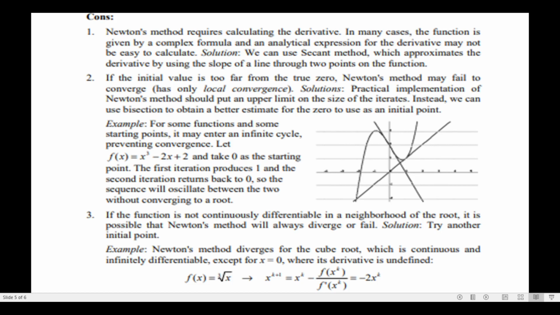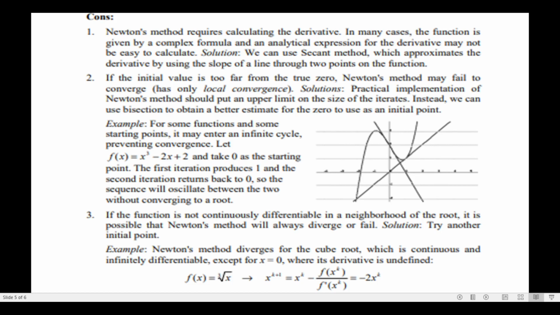Next, the other con is if the initial value is too far from the true zero, that means the given value is very far from the real root. In such a case, Newton's method may fail to converge. It has only local convergence. What is the remedy? A practical implementation of Newton's method should put an upper limit on the size of the iterates.